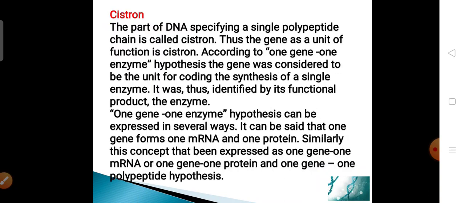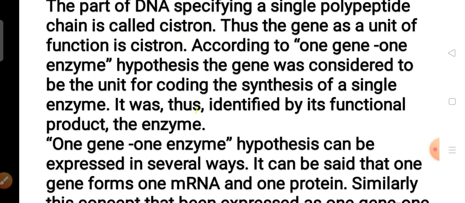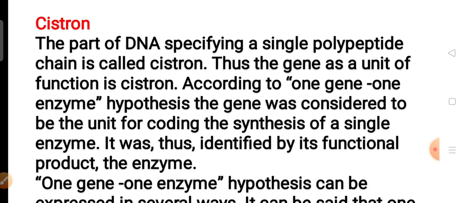Now the third segment of a gene is the cistron. That part of a gene specifying a single polypeptide chain is called a cistron. That means the cistron is that region of the gene which performs certain functions. And what are the functions? A gene is identified by its functional product, that is a protein or maybe an enzyme.